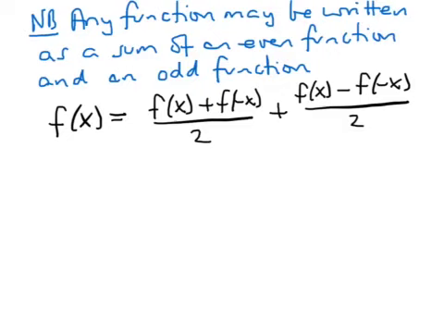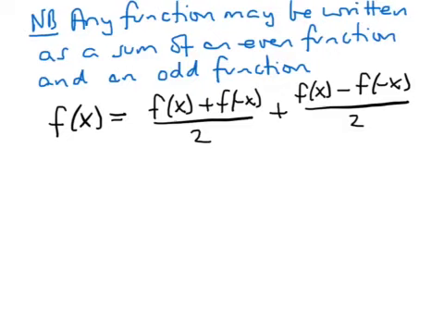And if you look at that, you'll see we have f of x over 2 plus f of x over 2. So the 2 halves will give us 1 whole, f of x. But we also have f of minus x over 2 and minus f of minus x over 2. So those terms will cancel. So all we've done is we've written f of x in this way. This is an algebraic equality.